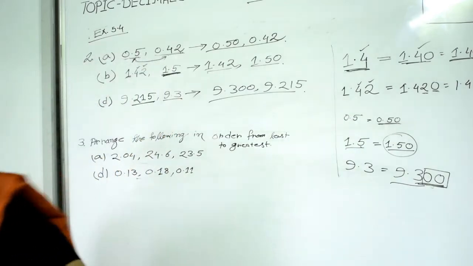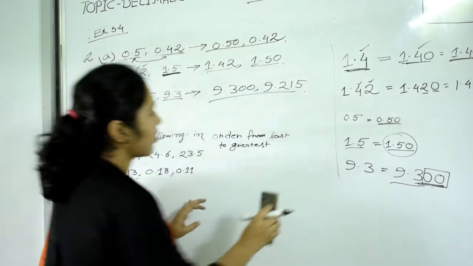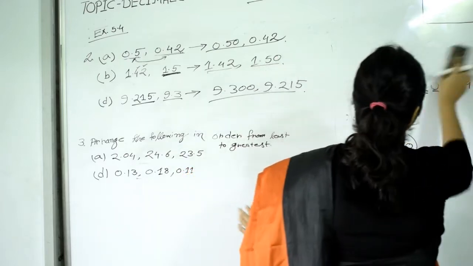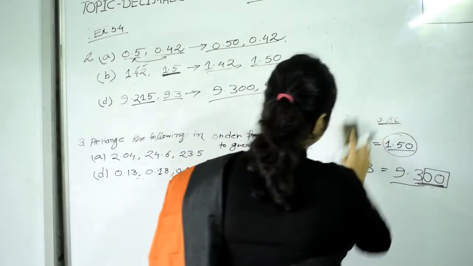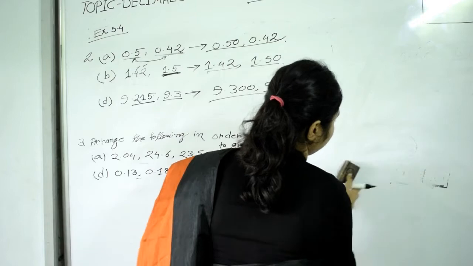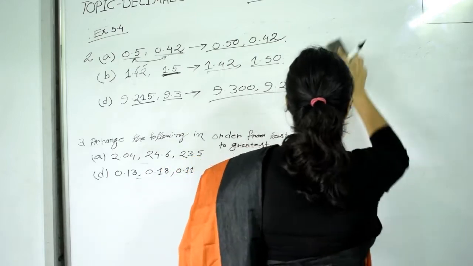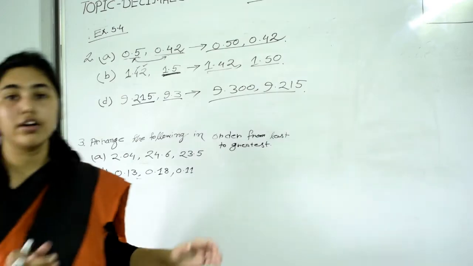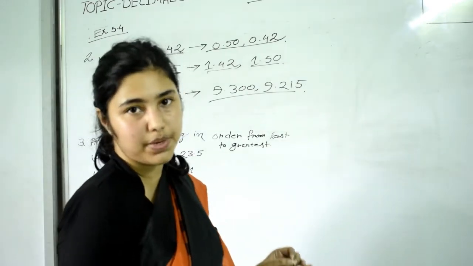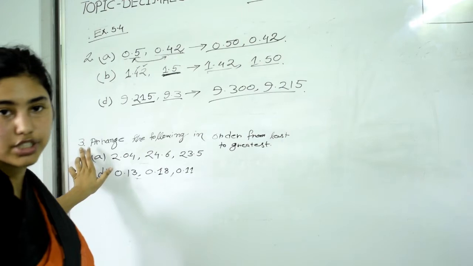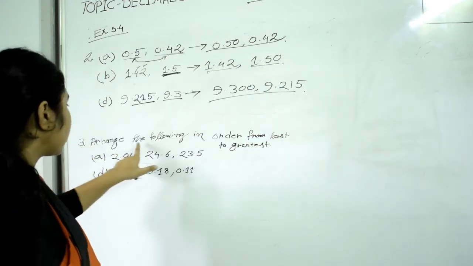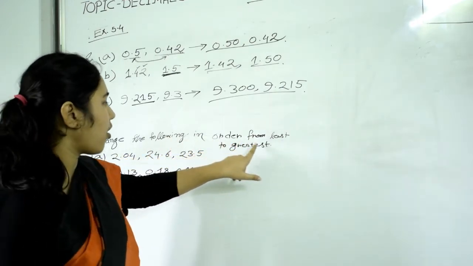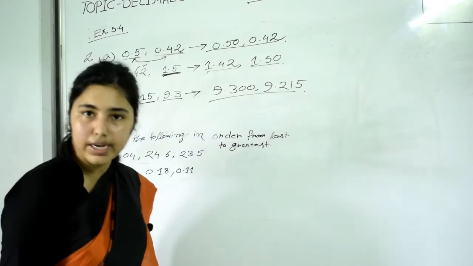Now next, we have to learn how we can arrange or compare two decimal numbers. Here in question number 3, you have to arrange the following in order from least to greatest.